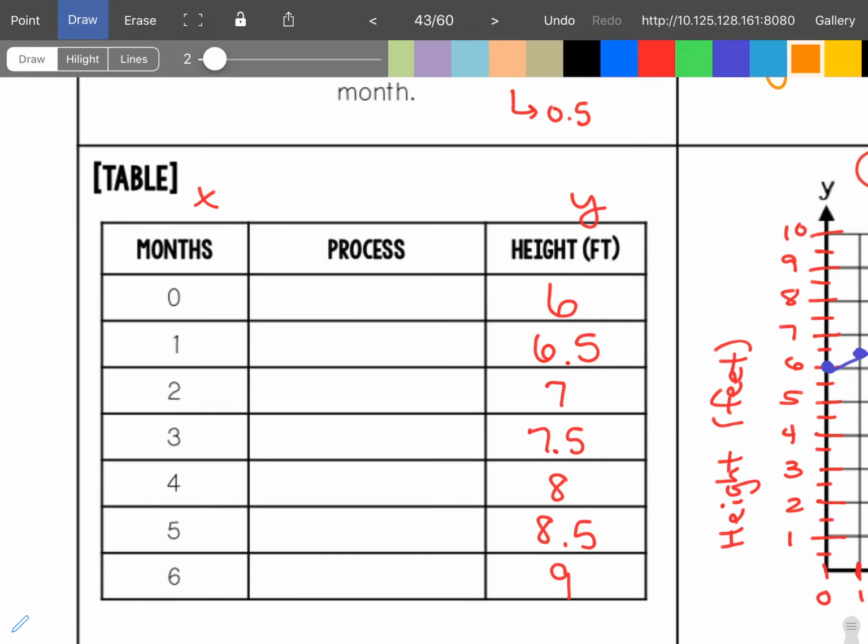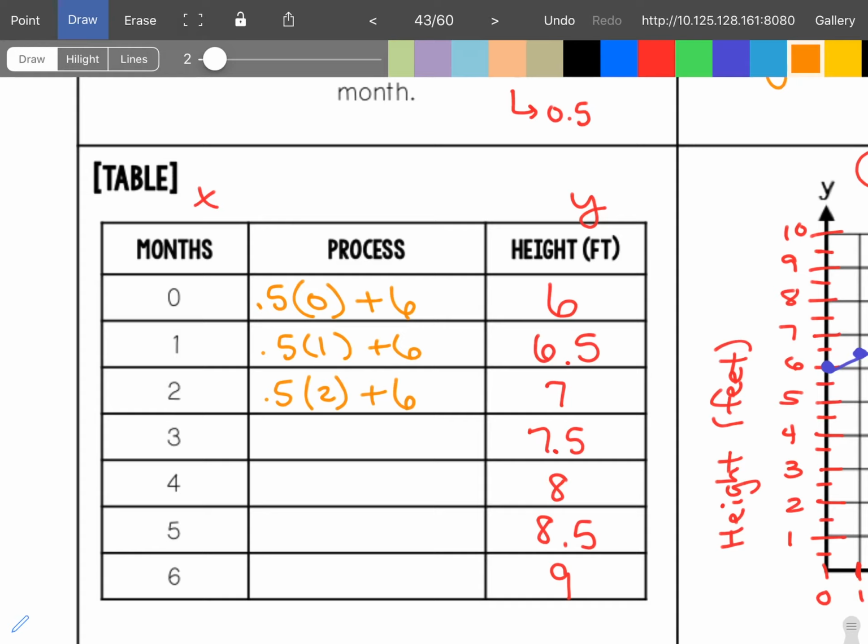So if we come over here, we could say, okay, 0.5 times my x, which is my 0 months, plus 6. Well, 0.5 times 0 is 0, plus 6 is still 6. And then we do the 1. 0.5 times 1 would be 0.5, plus 6 is 6.5. And then 0.5 times 2 plus 6. Well, 0.5 times 2 is 1 whole.